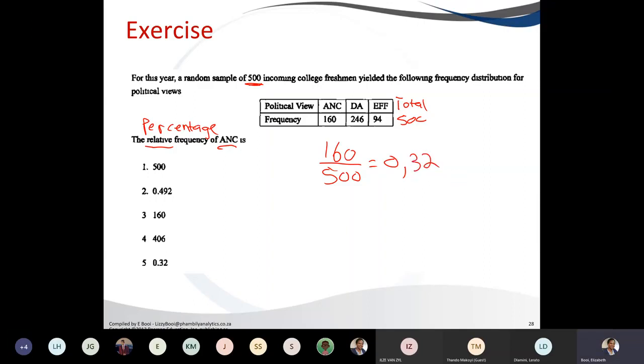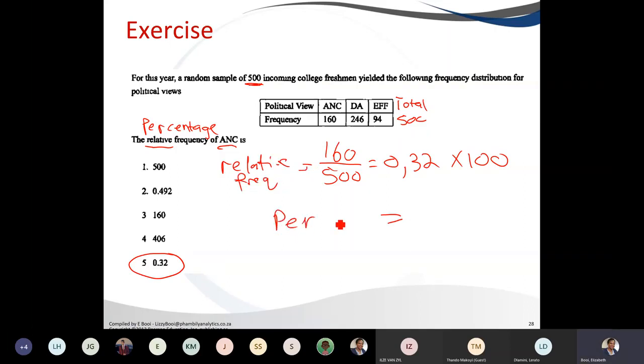0.32. So when they ask you about the relative frequency, they can ask you to give it as a percentage, or as a decimal, because here the answer is 0.32, which is your relative frequency.